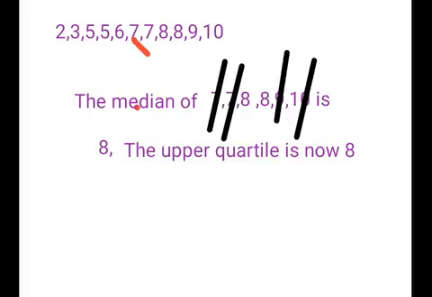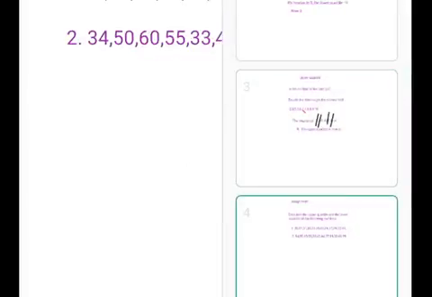So we remain with two numbers in between, 8 and 8. We add the two numbers, 8 plus 8 to get 16. Divide by 2. So our median is 8. So the upper quartile is the median of the second half. So 8 becomes the upper quartile of our data. As simple as that. So you have an assignment.